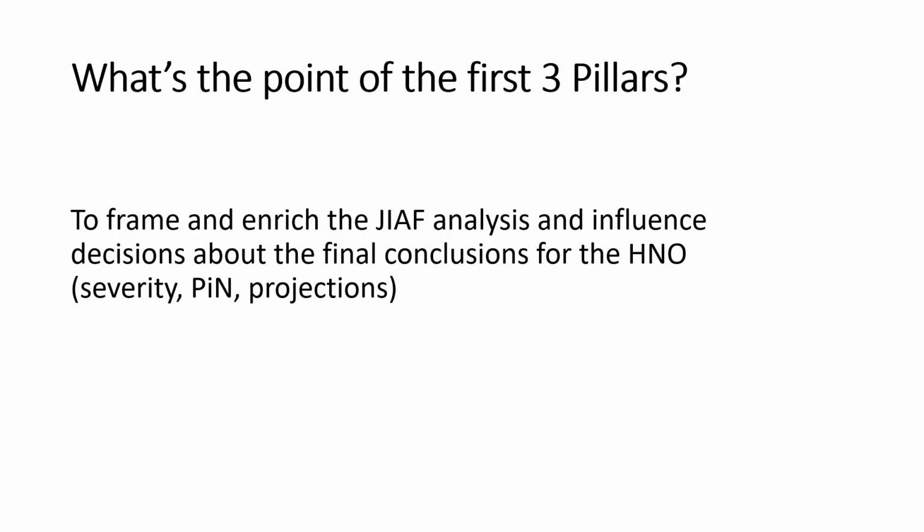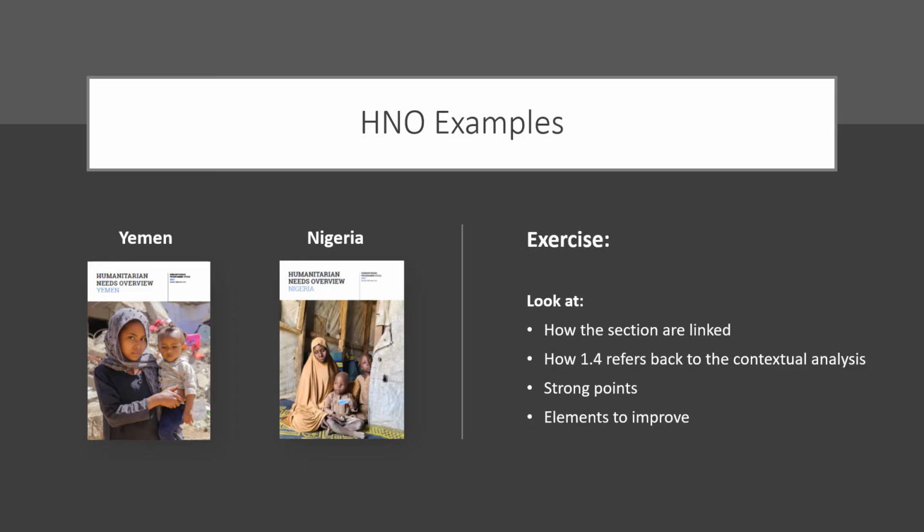It also helps, along with the experts, to serve as a final check on the calculations done in the aggregation process. To make this concrete, we recommend that you pause again the presentation and take the time to look at the Yemen and Nigeria examples. The links are embedded in this slide and available in the resource folder.